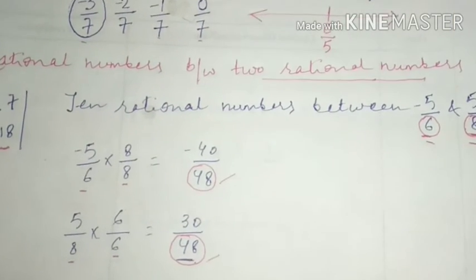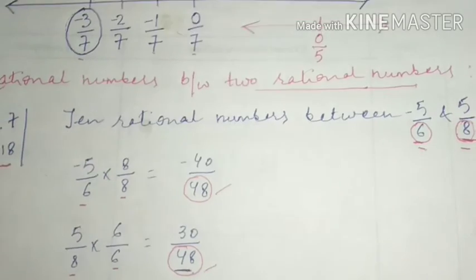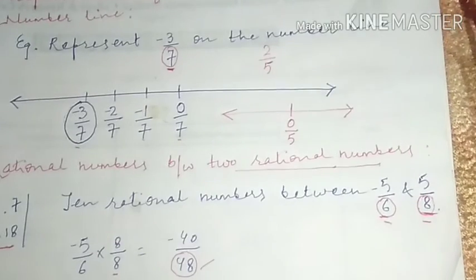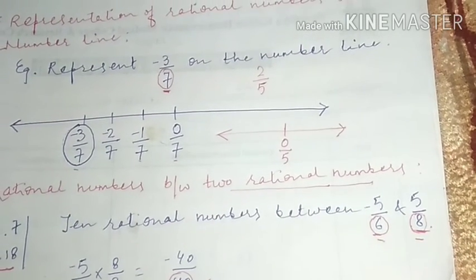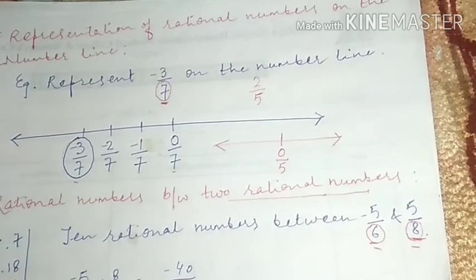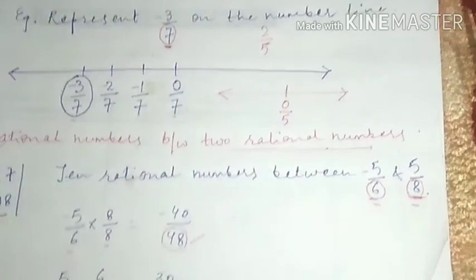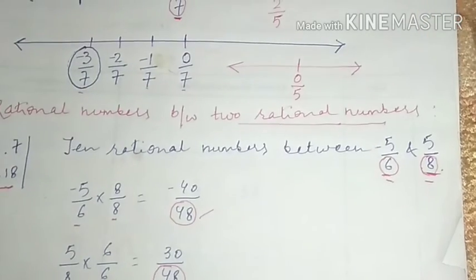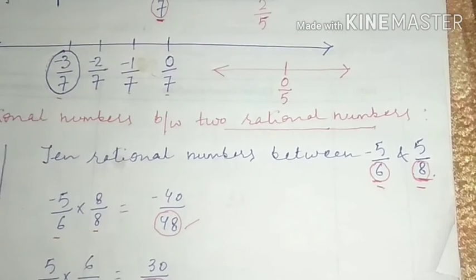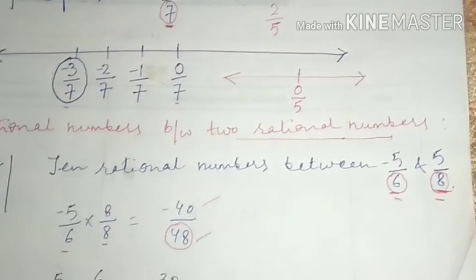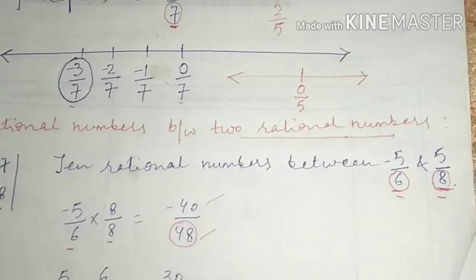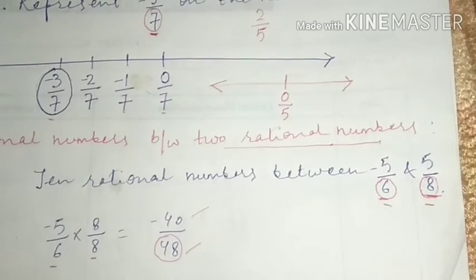One of the easiest ways of making denominators the same is to multiply the denominator of the other rational number with the first rational number on the upper side and the lower side as well, as you can see. So now minus 5/6 has become minus 40/48, you can see, and minus 5/8 has become minus 30/48.